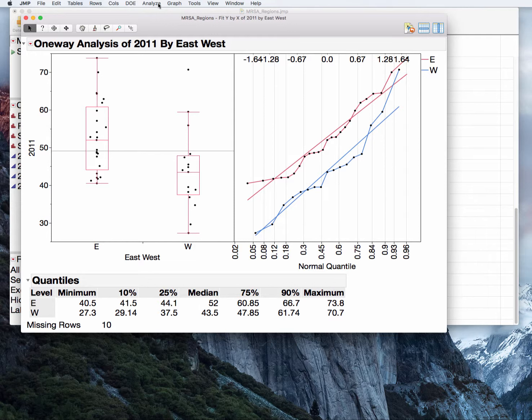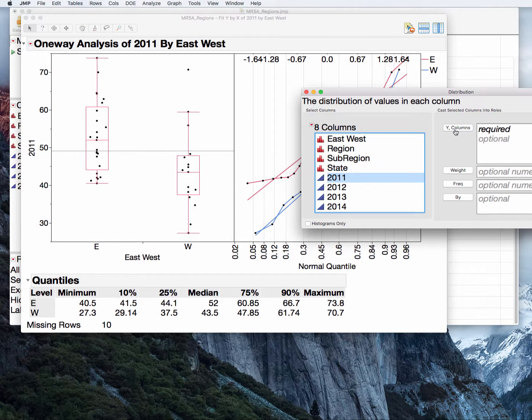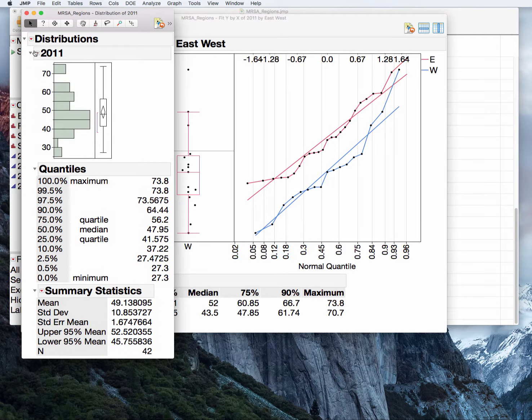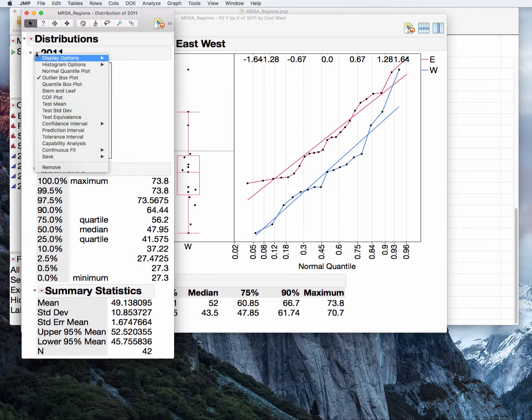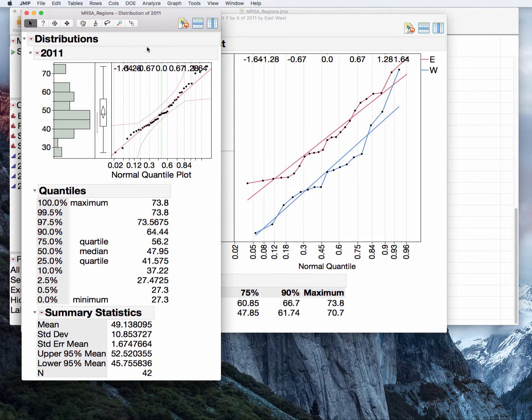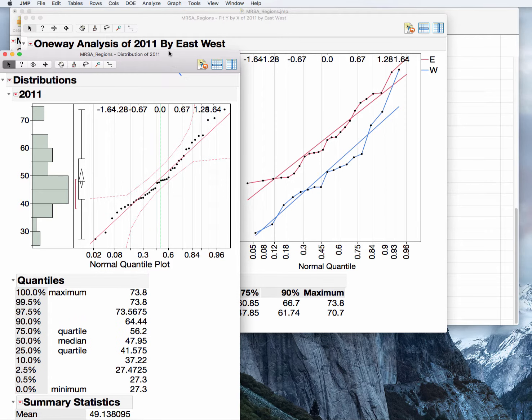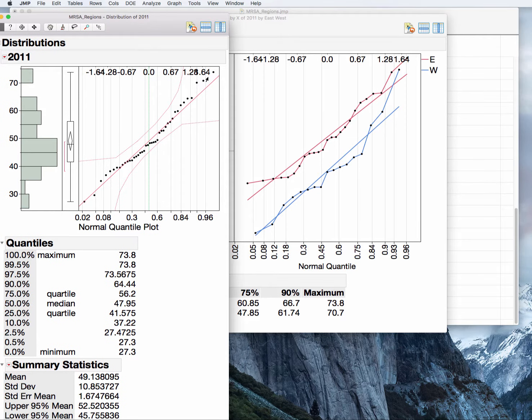So let's actually very quickly bring up the distribution for 2011 and ask for the normal quantile plot here so that you can compare the two. And you can see here that we also have a little bit of wiggle in the tails for 2011 overall, and a little bit of wiggle here.